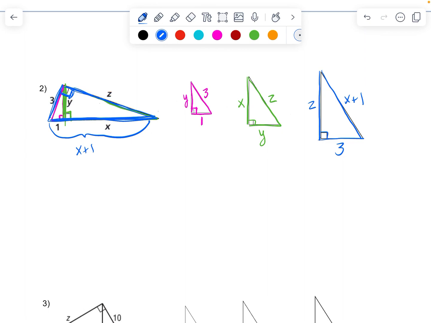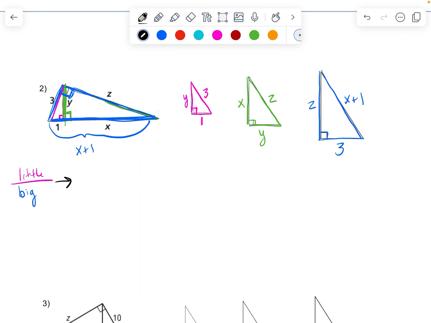I have to figure out how to set up my proportion here, because the medium one doesn't have any numbers, so I'm not even going to worry about that. I think I'm going to do the little guy with the big triangle.